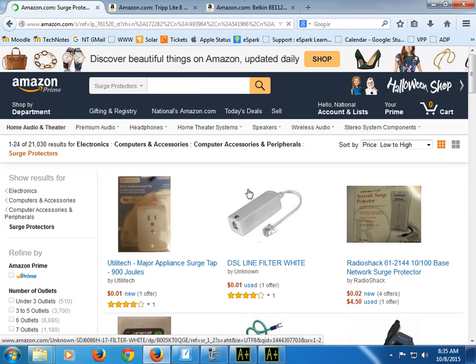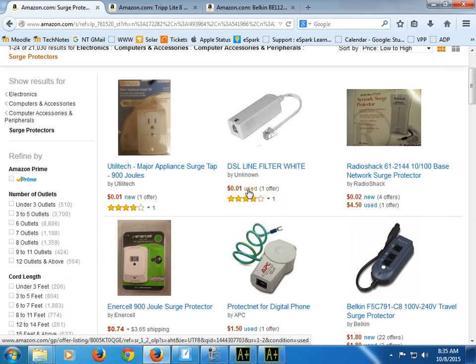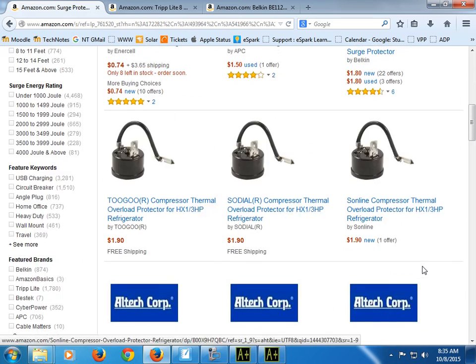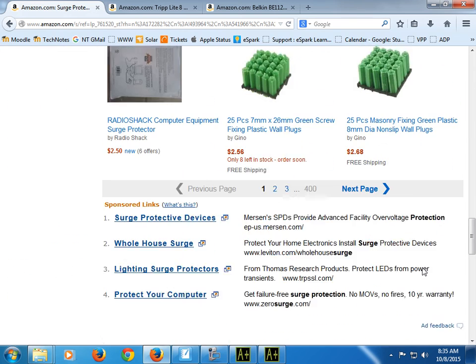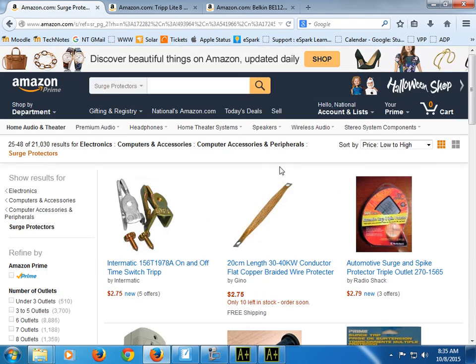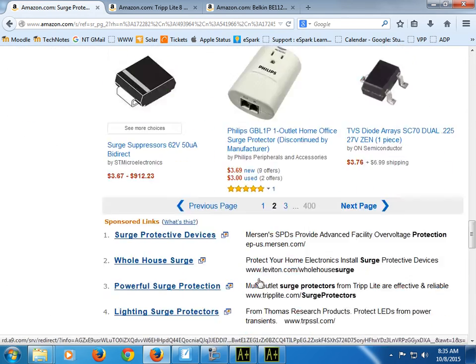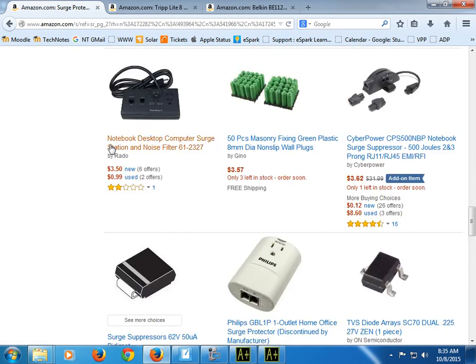you could find a surge suppressor for a very low cost. I'm going to ignore that penny one there, and that one's a little low. Let's see the lowest price real one that we can plug in. These aren't even surge suppressors. I'm not sure why they show up on our list.